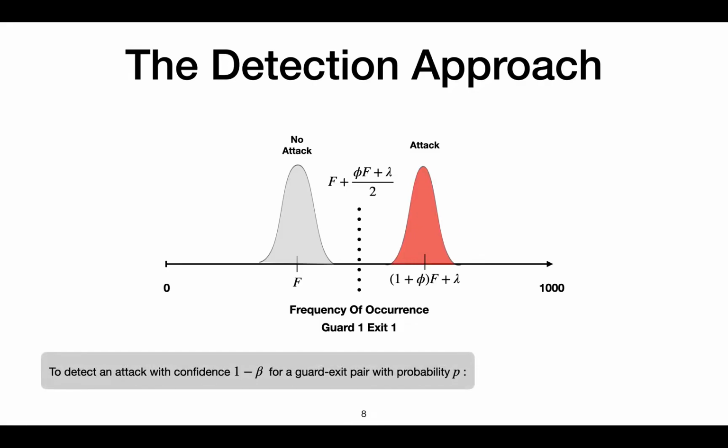In order to detect an attack with confidence level 1 minus beta, for a guard-exit pair who have a probability p of being selected for a circuit, the required data size is given by 12 ln(1/beta) times 1/p times (1/(phi + lambda/f)) squared.